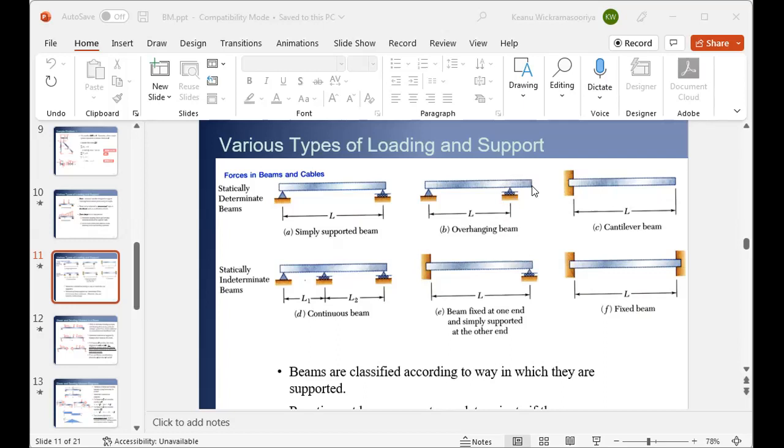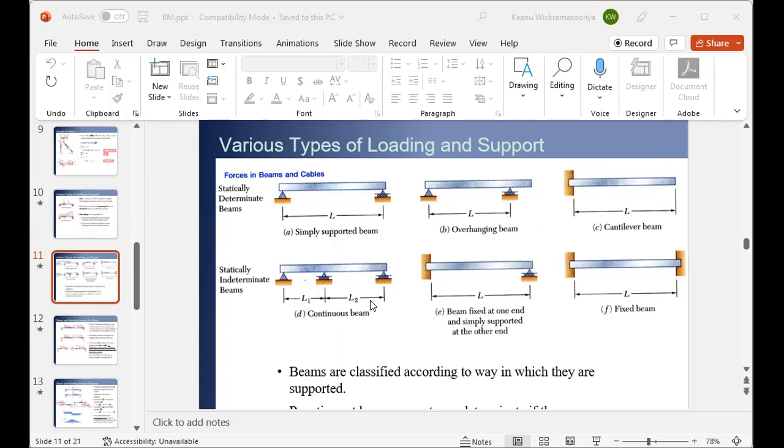Same thing with here, even though the beam is overhanging, you have only two upward reactions and it can be completely solved. Or a cantilevered beam, right? We know that at the support there will be a reaction and a moment, which can be completely computed by applying the equilibrium equations.